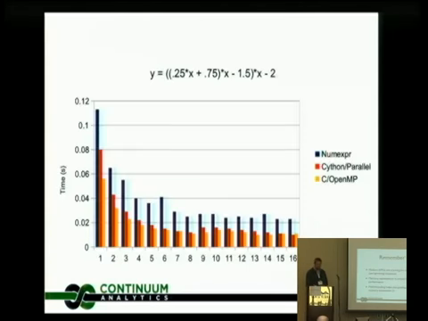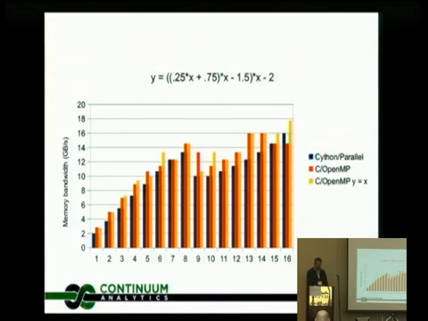I haven't shown you, but this bar plot is interesting because it shows you the memory bandwidth for computing this. And we can see that when we are using only one processor, the memory bandwidth for doing just a single copy in very optimized C code grows with the number of processors, of threads.